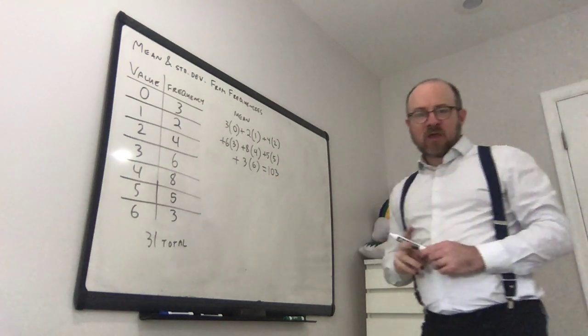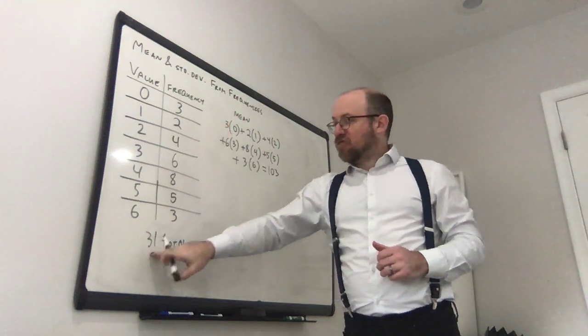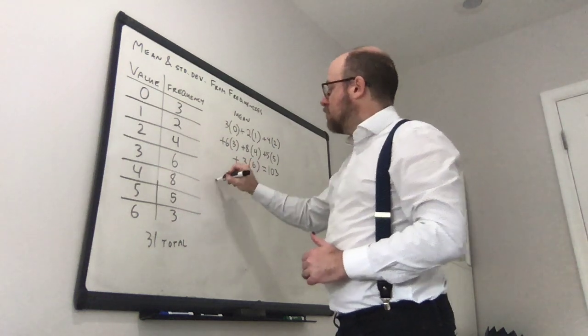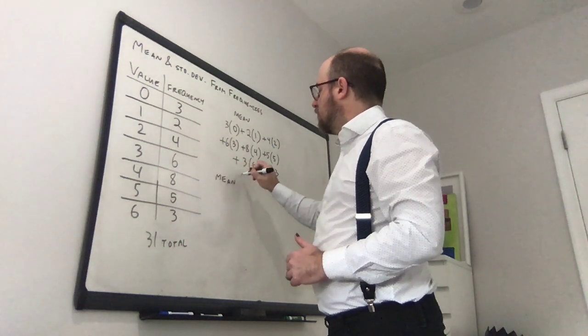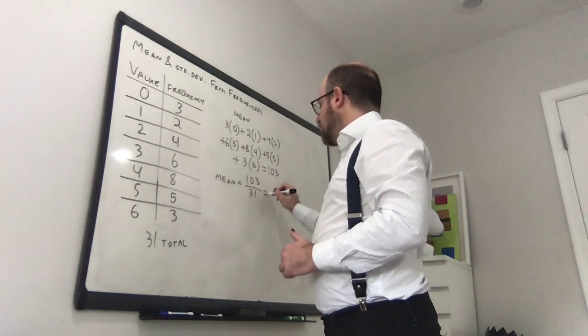Yep, okay? So 103 is the total of all these values. There are 31 total, which you can get by adding up all these frequencies. And so your mean is going to be 103 divided by 31.